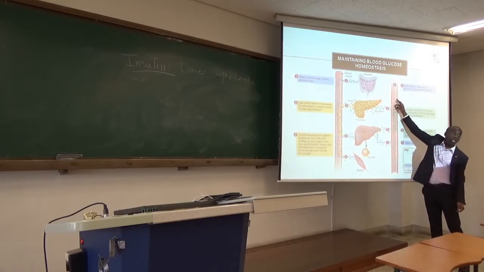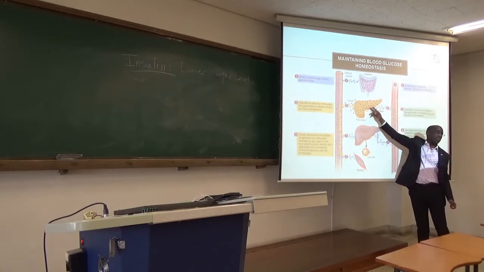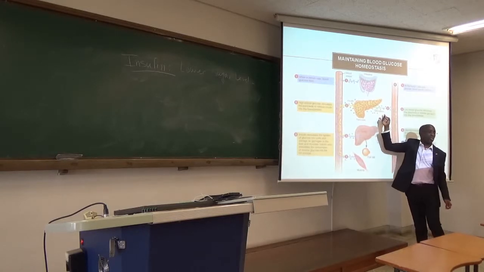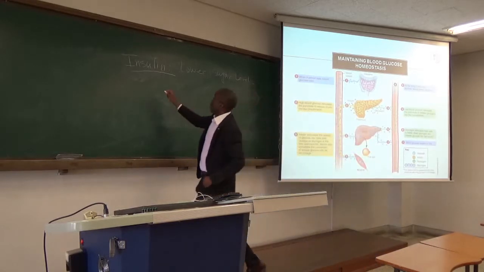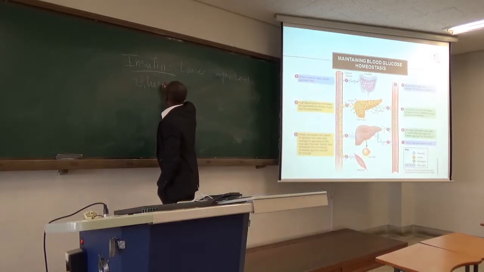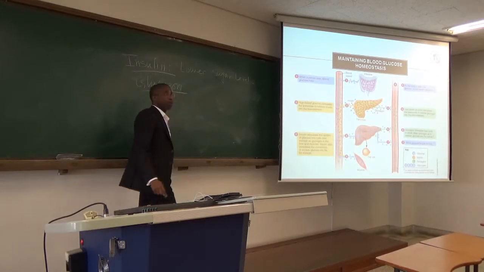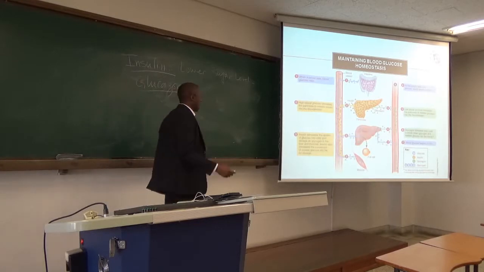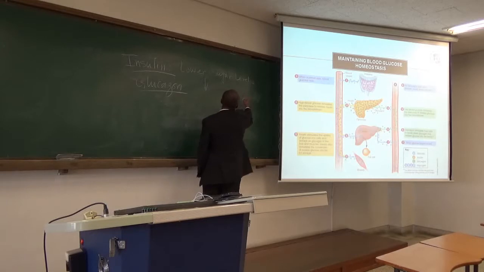When sugar level is low, we call our good friend, the pancreas, to release this guy, glucagon. So what is glucagon's job? A very simple job description. Anybody? It will help do what? Increase. Yeah. So it's just going to do the opposite.